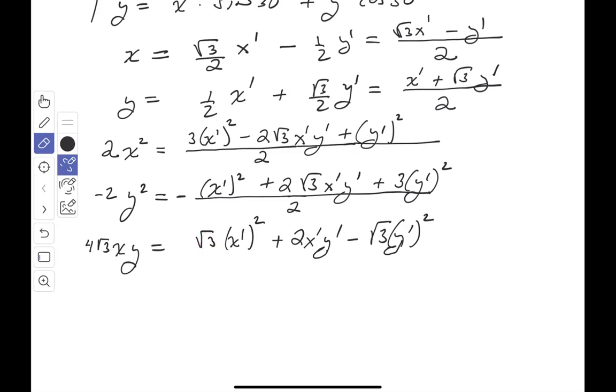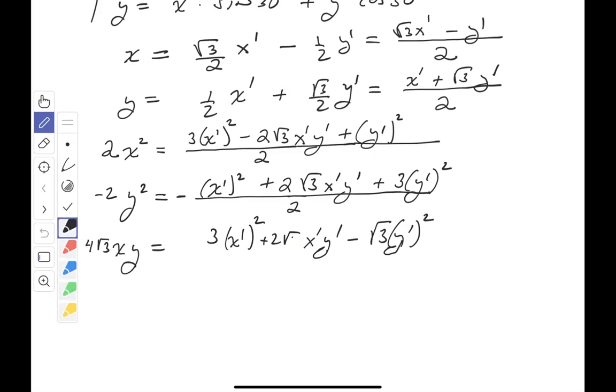This here becomes 3. I'm multiplying by root 3. All right, let's do the next term. The next term is going to be 2 root 3. And the next term multiplied by root 3, so that's going to become just minus 3 here. All right, erase this, put minus 3 here instead.